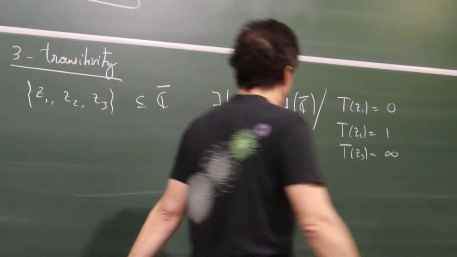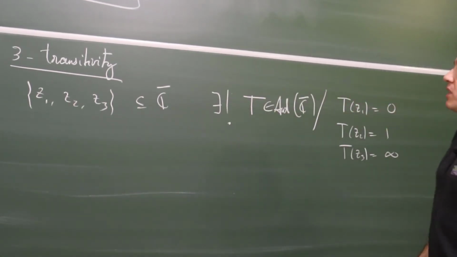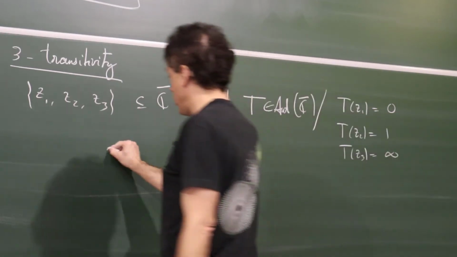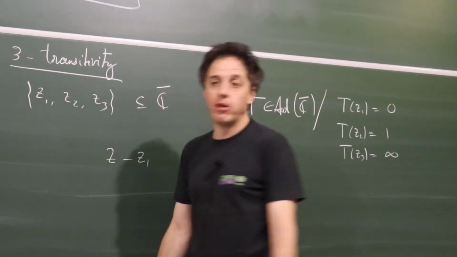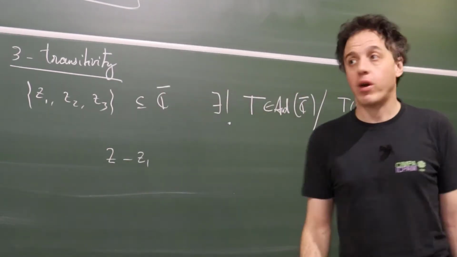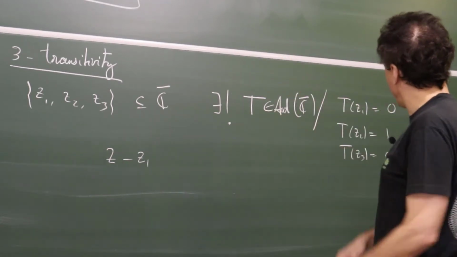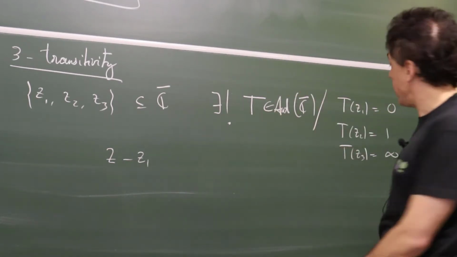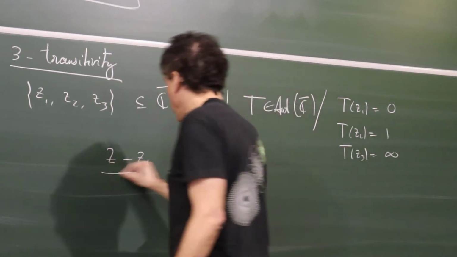How can we do that? Well, this is quite easy. If you want to take Z1 to 0, you need to have Z minus Z1 in the numerator. If you want to take Z3 to infinity, you are going to divide by Z minus Z3.